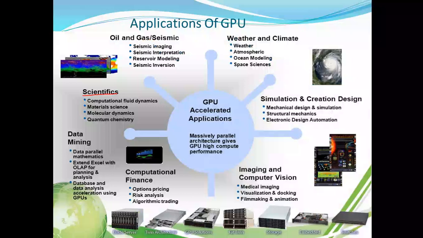Also simulation and design: mechanical design and simulation, structural mechanics, electronic design automation, imaging and computer vision, medical imaging, visualization and docking, filmmaking and animation, computational finance, option pricing, risk analysis and algorithmic trading. It is also used in data mining. Data parallel mathematics extend Excel with OLAP for planning and analysis, and database and data analysis acceleration use GPUs.